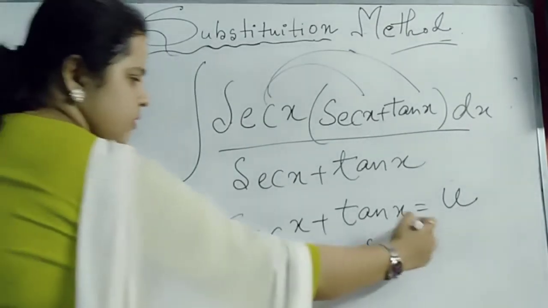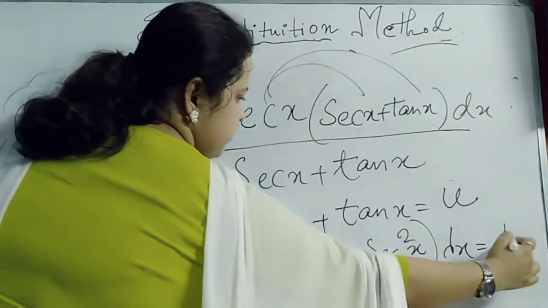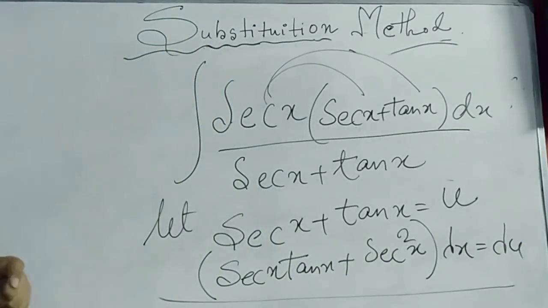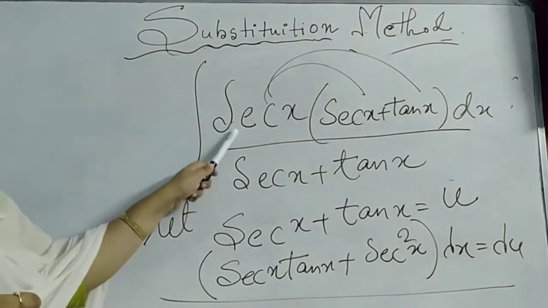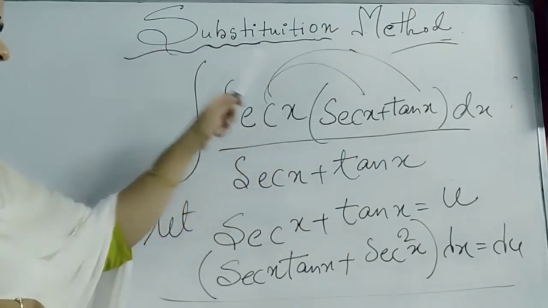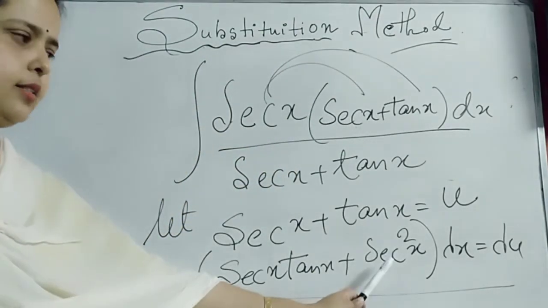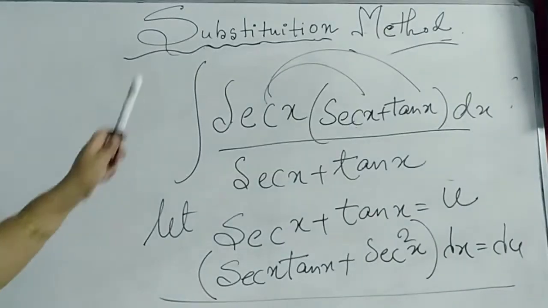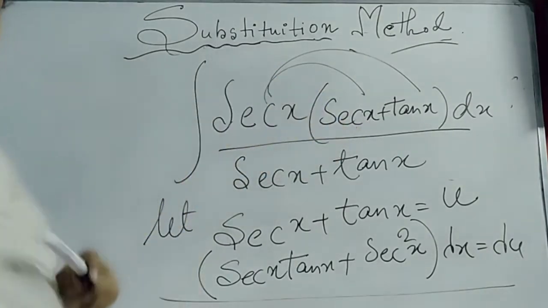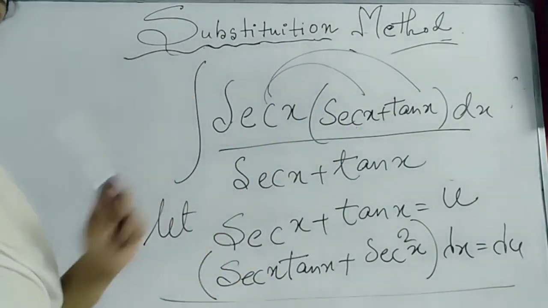So, and dx must be there. Please notice very carefully this one. Again I am telling you, the denominator is sec x plus tan x and the numerator is now the derivative of the denominator, that is sec x into sec x, that is sec squared x, plus sec x tan x.